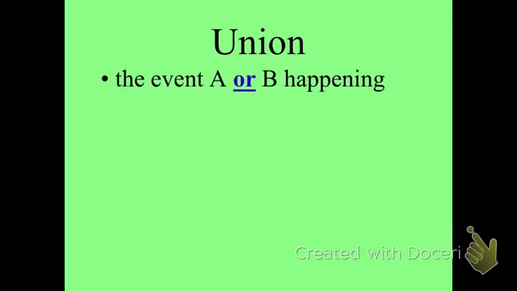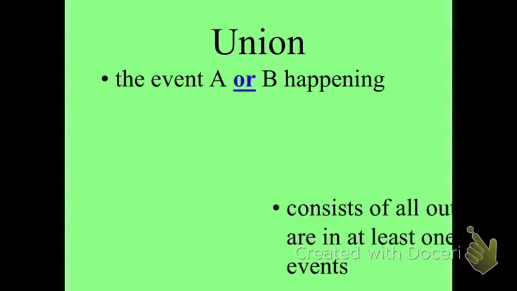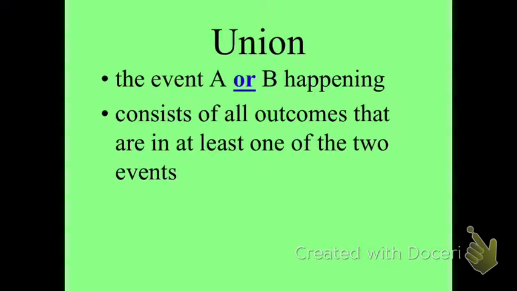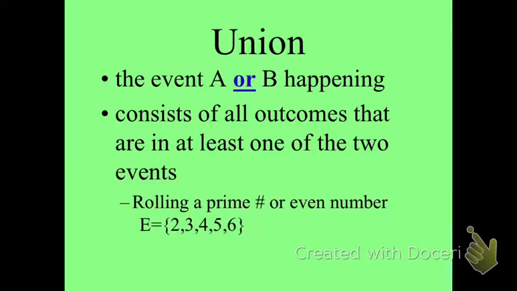Union. Union is the event of A or B happening. That means they're in at least one of the two events. So if I said rolling a prime number or an even number, I'm going to list out all of the primes and all of the even numbers.